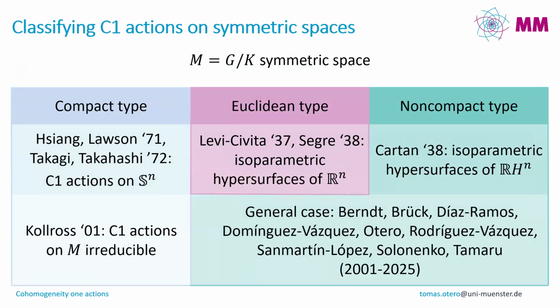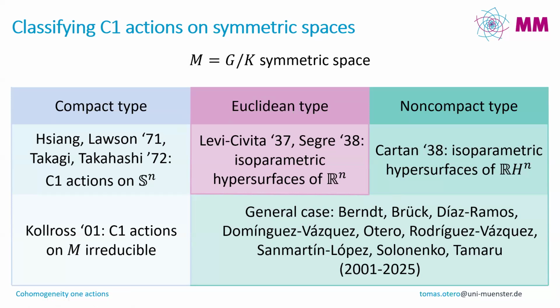And so the takeaway is, well, for symmetric spaces of compact type, we kind of know the actions. For Euclidean symmetric spaces, we kind of know the actions. And after these recent developments, for symmetric spaces of non-compact type, we know the actions.